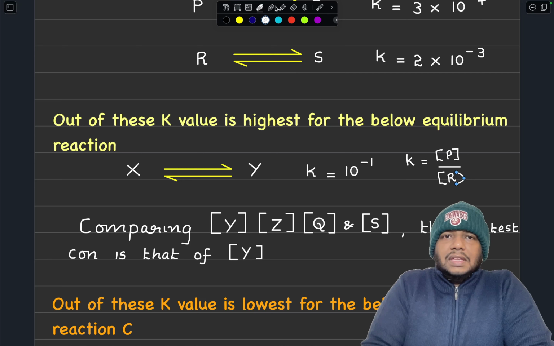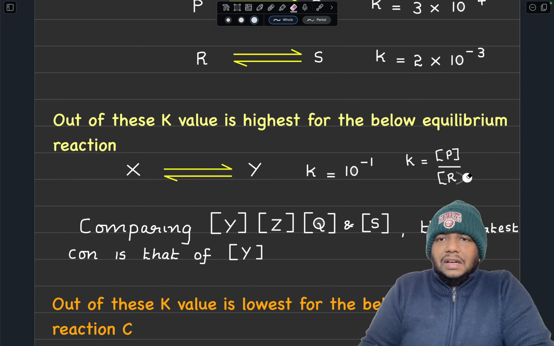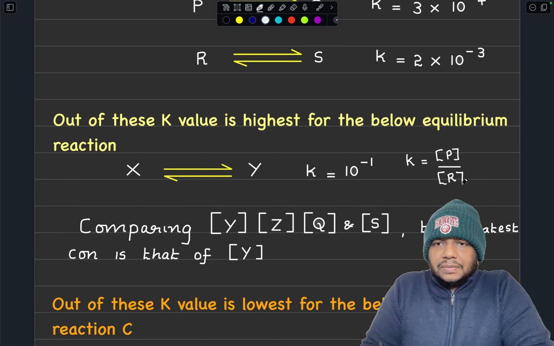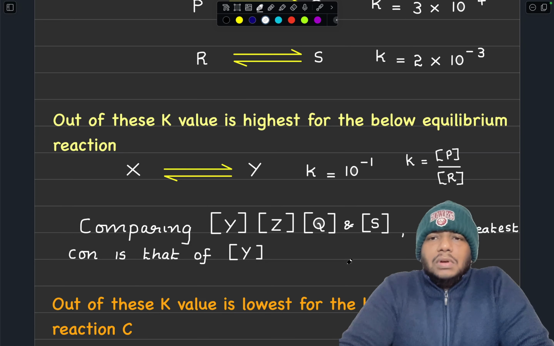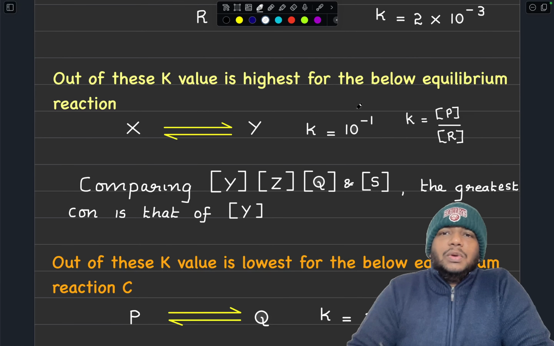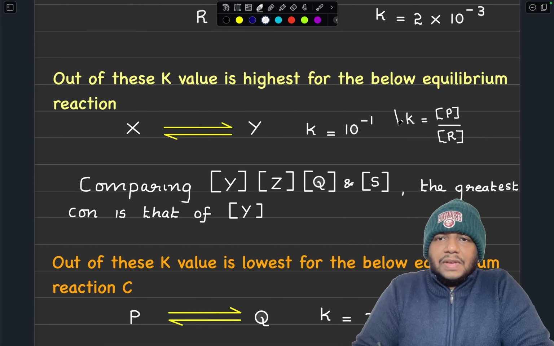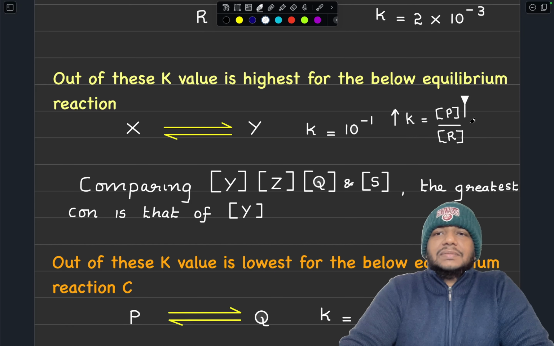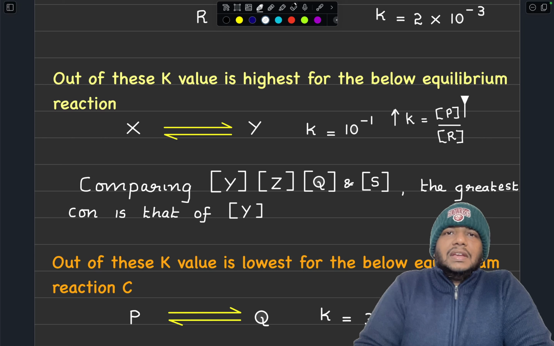Concentration should always be present in a square bracket. Now listen, here the K value is high. If the K value is high, what is the meaning of that? I can easily say the product concentration here is very high, correct? Why?